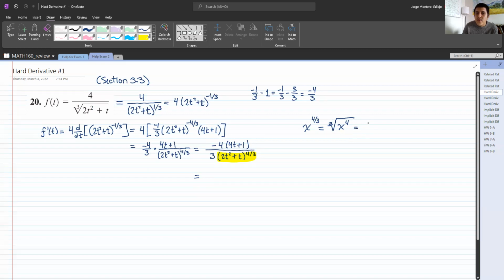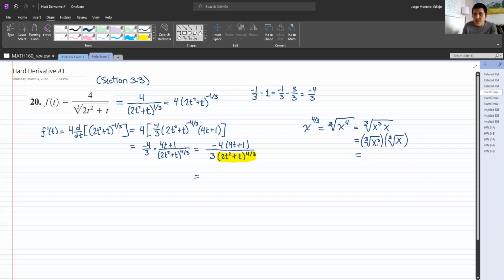Now, this x to the 4th, I can rewrite it as x cubed times x, right? And then because I can split the cubic root, because what I have inside is a product, I can write this as the cubic root of x cubed, and then times the cubic root of x.